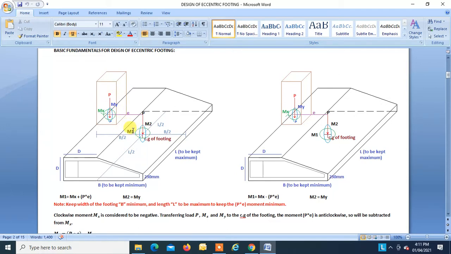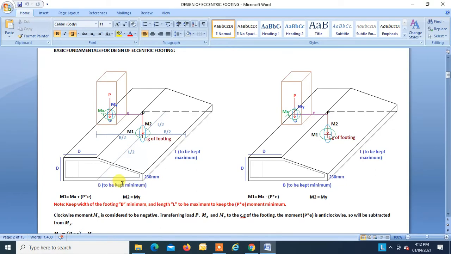So total moment M1 will be Mx plus P into E. In case of eccentric footing, it is very important to understand that you have to keep your B minimum and L maximum, because it is not advisable to have large E. If you keep this E very large, then you will have large moments. So to minimize this E, you have to keep your B minimum.